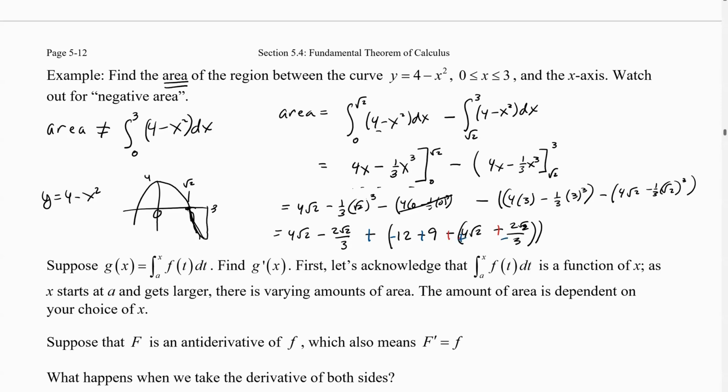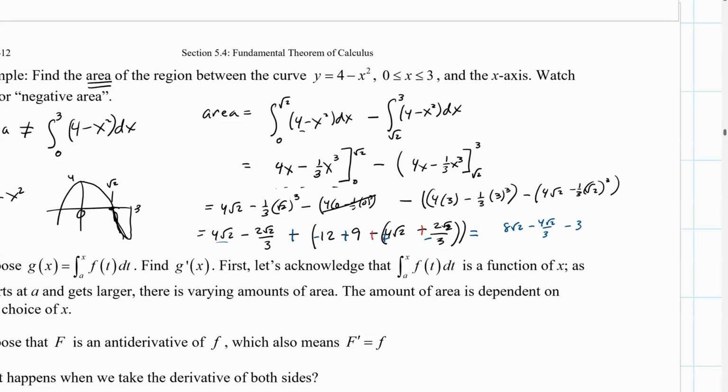That turns into a minus. What do we get when we put it all together? I've got 4 root 2 and another 4 root 2. I've got 8 root 2. I've got negative 2 root 2 over 3 plus another negative 2 root 2 over 3. That's negative 4 root 2 over 3. And I've got 12, negative 12 plus 9. I got a negative 3.